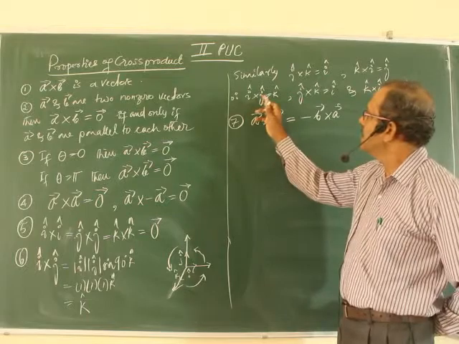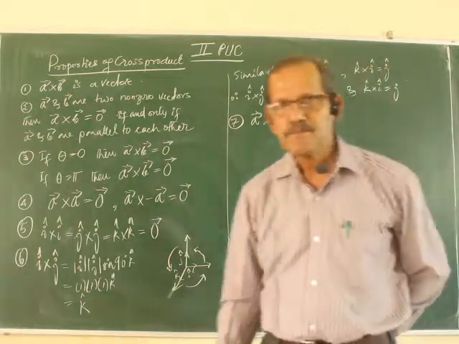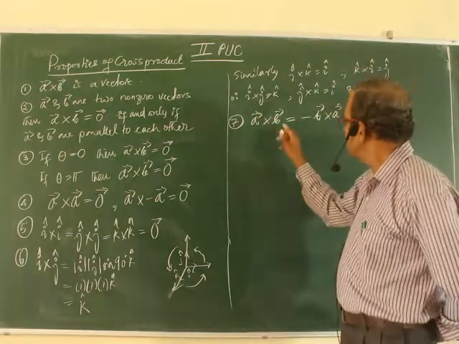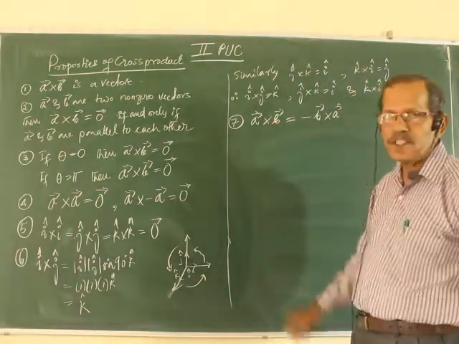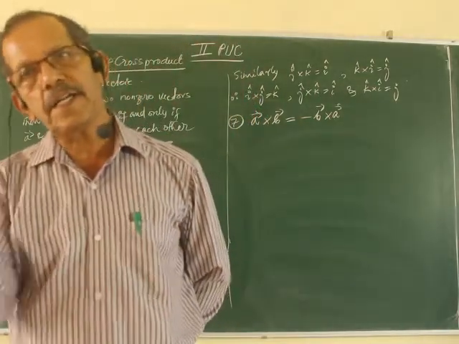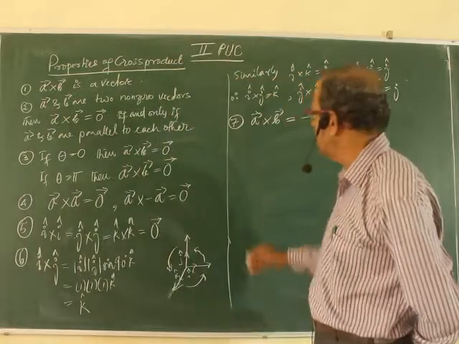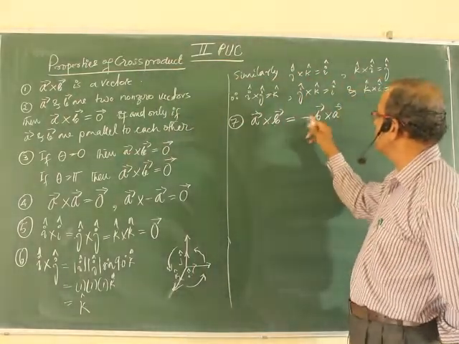If you write J cross I, you must get minus K. Why is it negative? Because there is no difference in the dot product. A dot B or B dot A are one and the same. But here, A cross B is minus of B cross A.